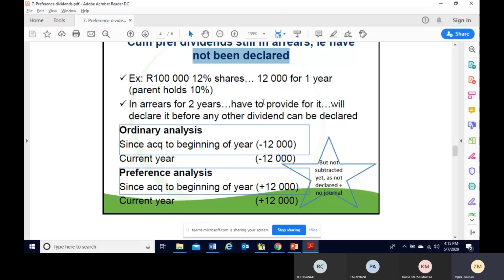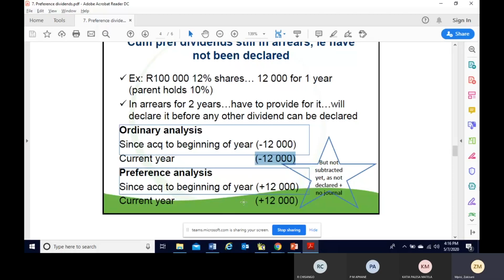So when we're doing an analysis of equity from the ordinary perspective, since acquisition, you will have at the beginning of the year 12,000 reducing your retained earnings. And in the current year as well, you will have 12,000 reducing your current year as well. So the last year which was not paid and this year which is not paid.